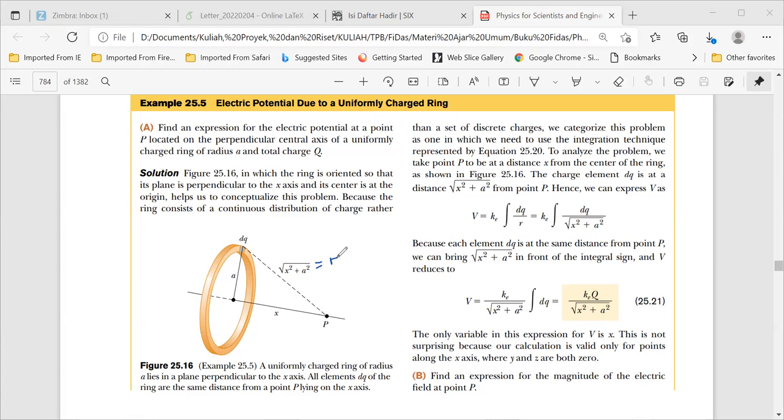This is the infinitesimal charge, and this is the radius a, which is the source coordinate.